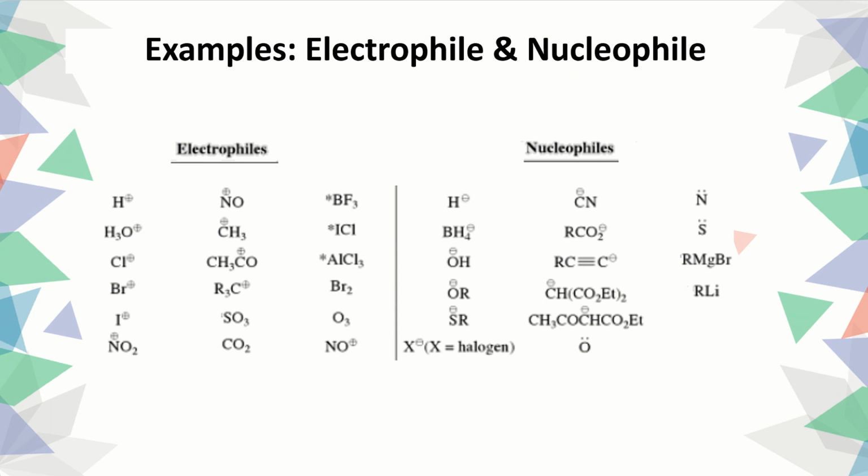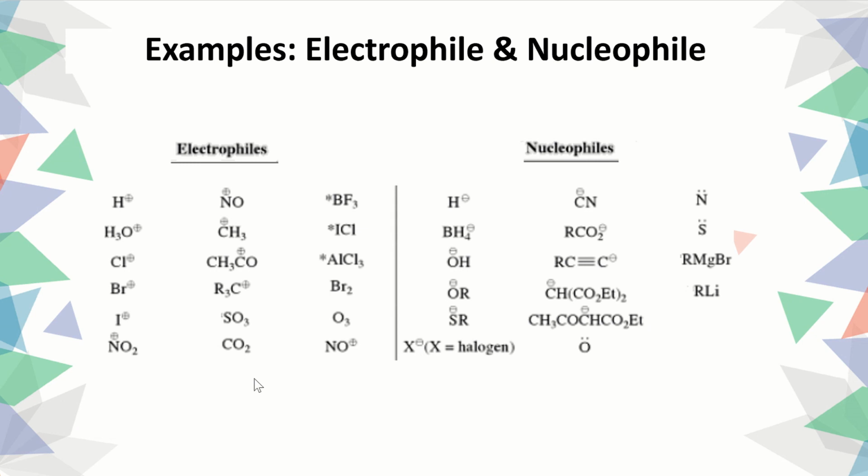So just to give a few examples of electrophiles and nucleophiles. Which ones have we seen so far? I think we've seen the hydronium ion and the chloride ion. Well, this is a plus charge. So notice here that on the electrophilic side we have plus charges or star, so it's either delta positive or positive.